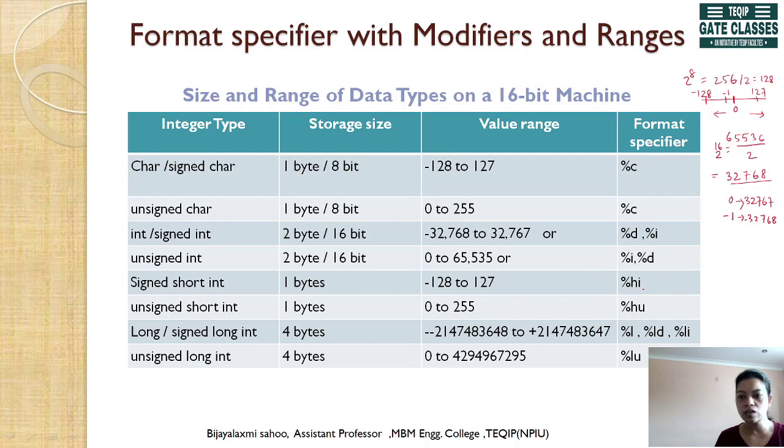Okay, because if we are not using a format specifier, how will I know whether this value belongs to short integer or signed short integer or signed integer? So we have to mention the format specifier which tells that this value belongs to this integer range. Then comes unsigned short integer. As it is a short integer, the storage size will be the same, 1 byte.